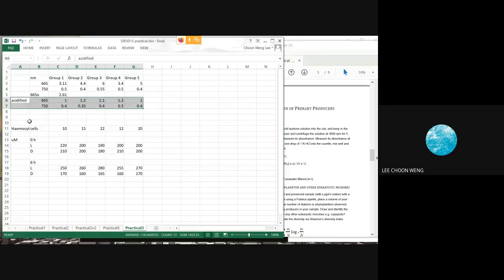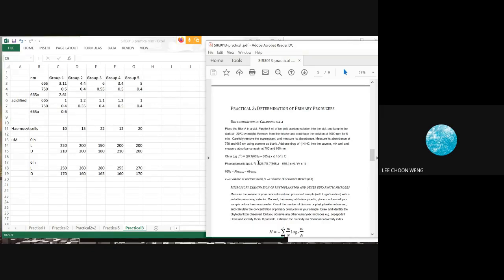Whereas for 665A, you need to take this and minus this. From here you have your 665A.